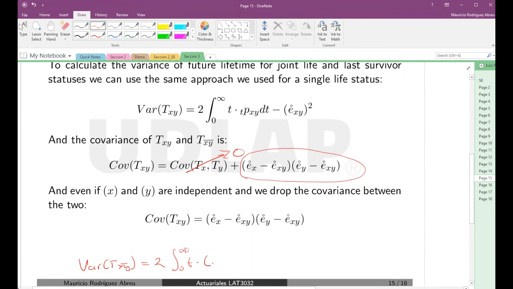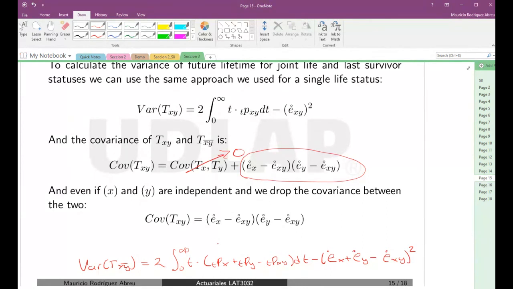But now here I will end up with this, which makes things a little bit more time consuming.